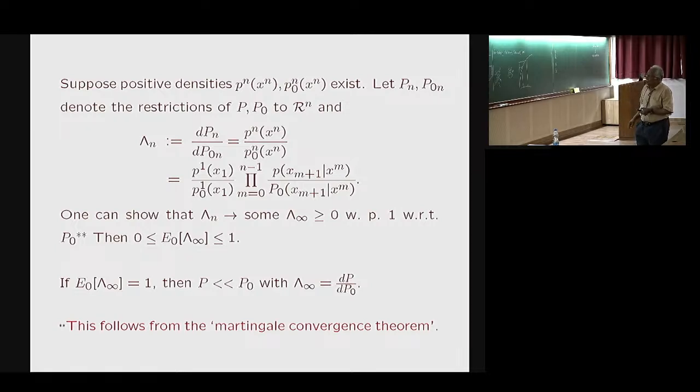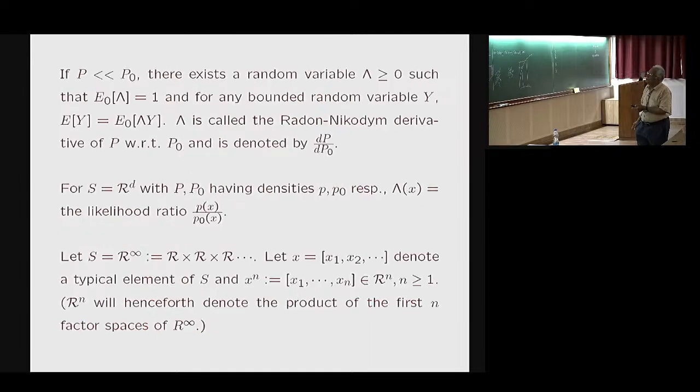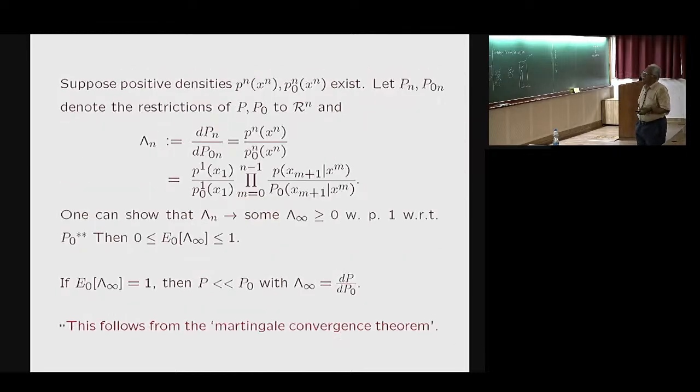But the expected value of lambda n is always 1 because of Radon-Nikodym derivatives. That's easy to see. If I put Y equal to 1, then I'll get E naught of lambda equal to 1. But in the limit, it can lose some mass, so it can be less than or equal to 1. It remains non-negative, but less than or equal to 1.